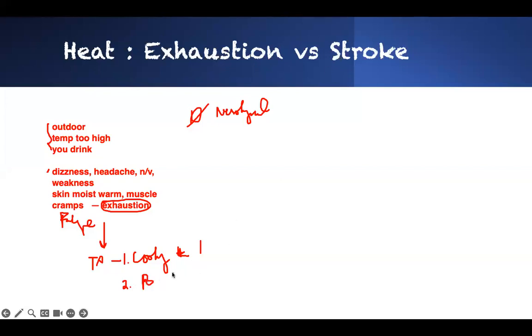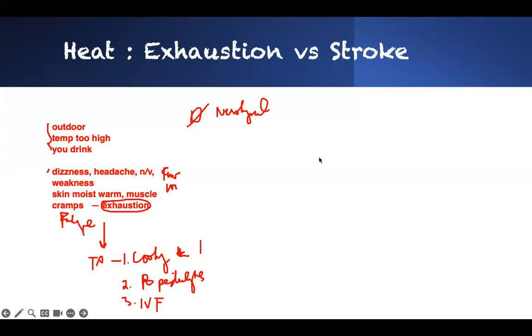Okay, you can give them Pedialyte to help with that, but they will need IV fluid. At the same time, they can take something by mouth. So that is the key. You can give them Gatorade to replace the electrolytes and everything. Sometimes these people have fever. The temperature can go up to like 102, 103. So this is heat exhaustion.